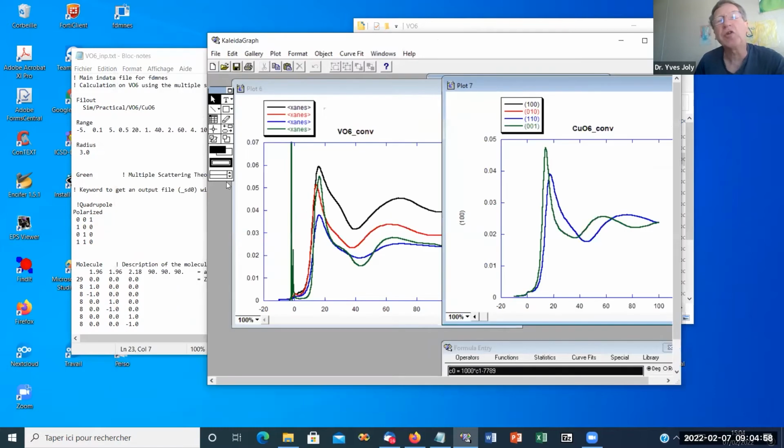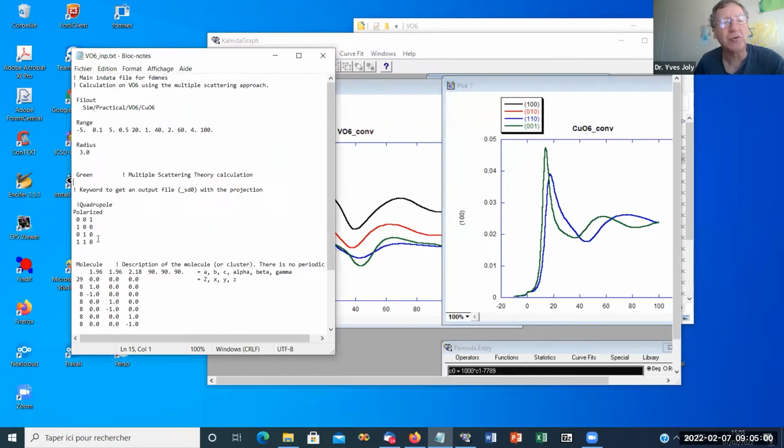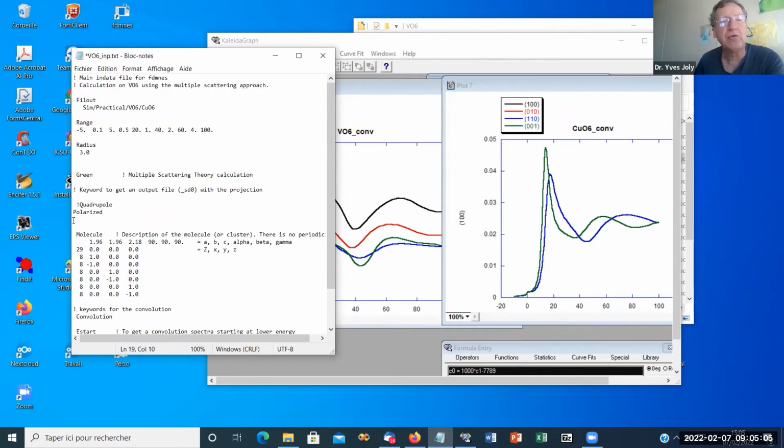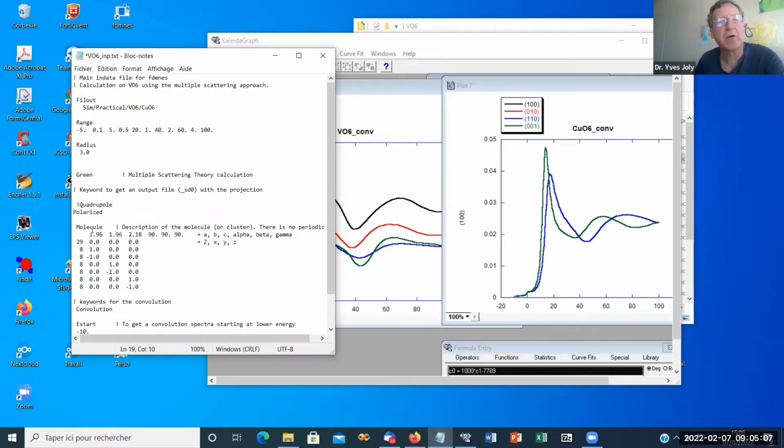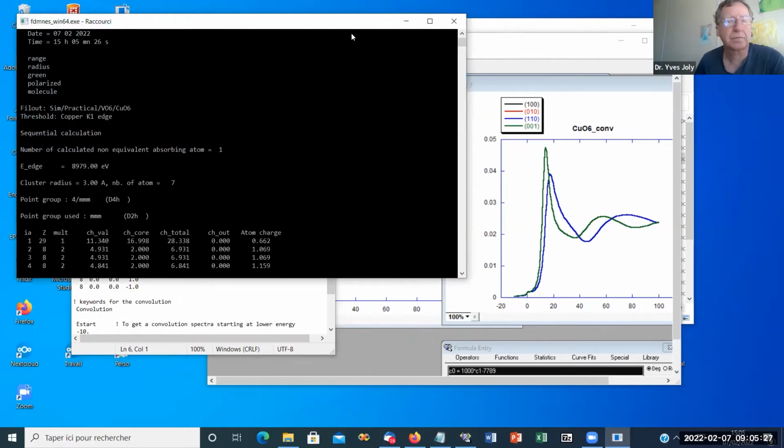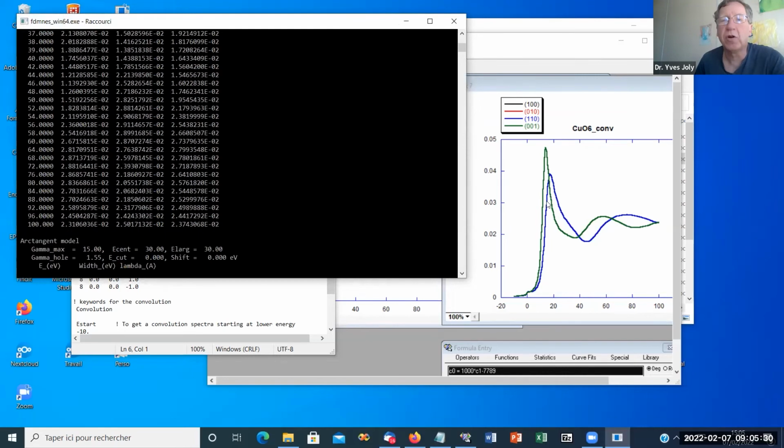Here it was easy because we know the solution result, but to help the user, I have put this keyword polarized. If you don't write anything below, the code automatically does this analysis for you versus the non-equivalent directions. So I have just left polarized. There are 3 columns.